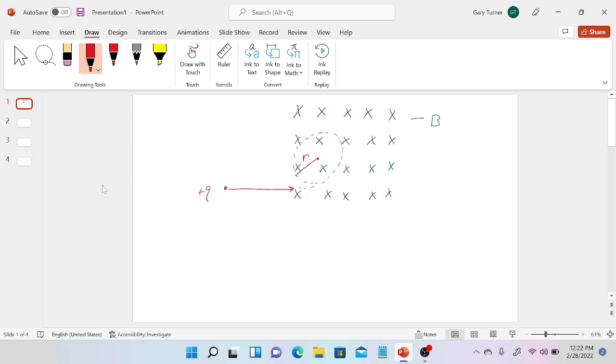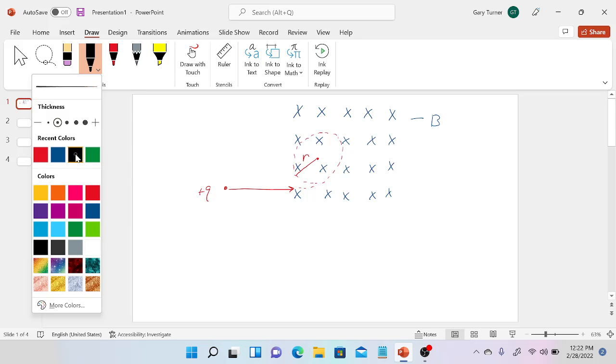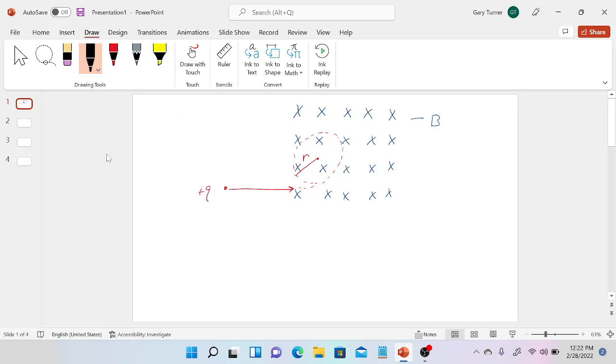Because it's now moving in a circular fashion, the force that the charge feels is going to be a centripetal force. Okay. And so remember that the centripetal force is given by mv squared over r.